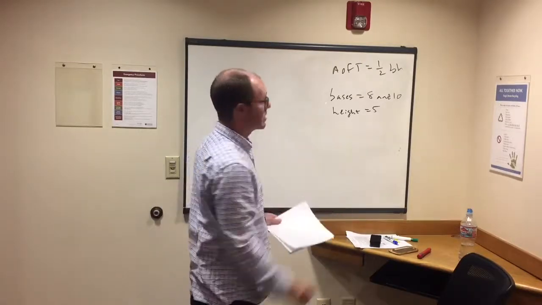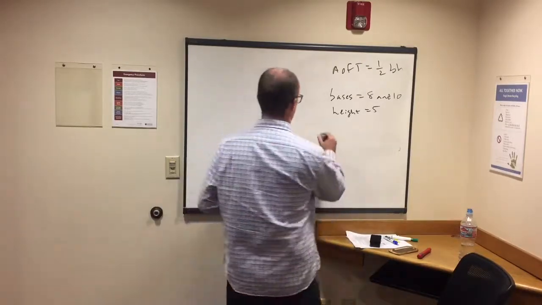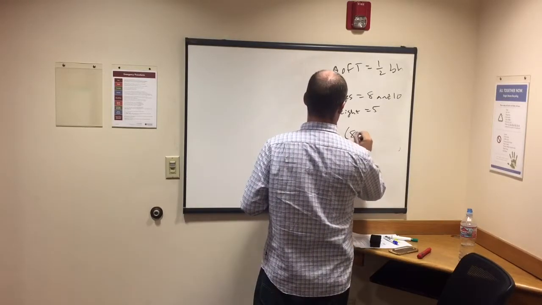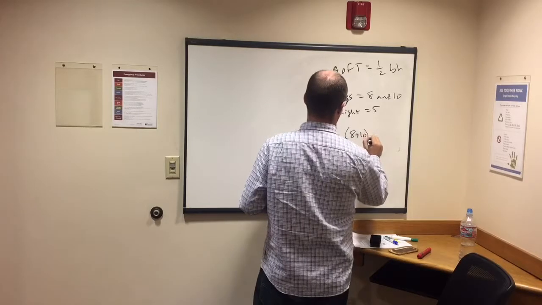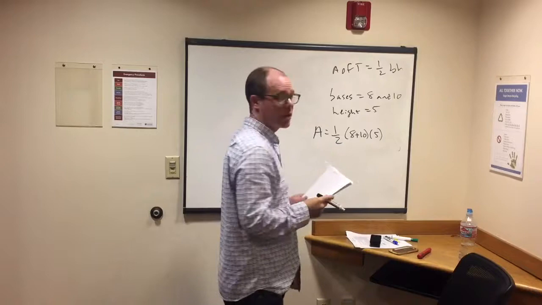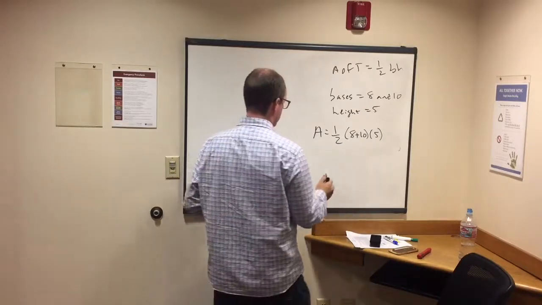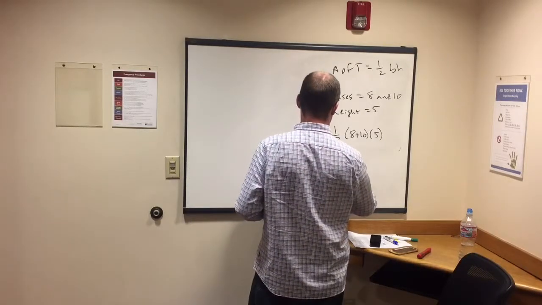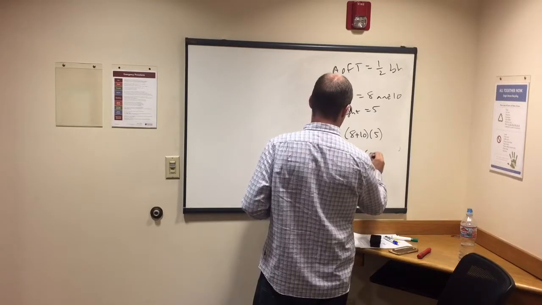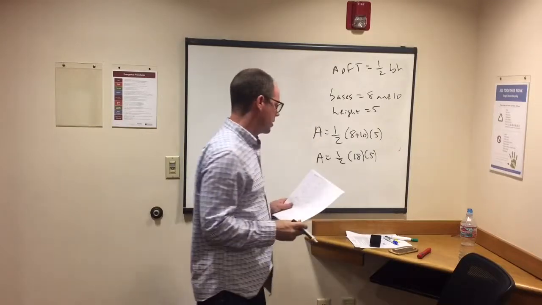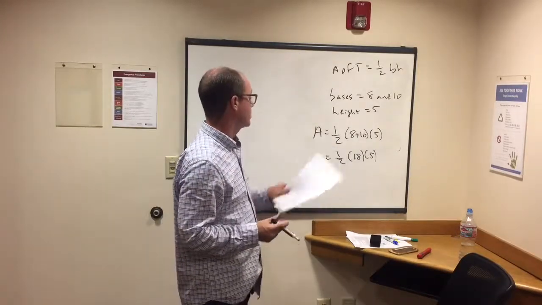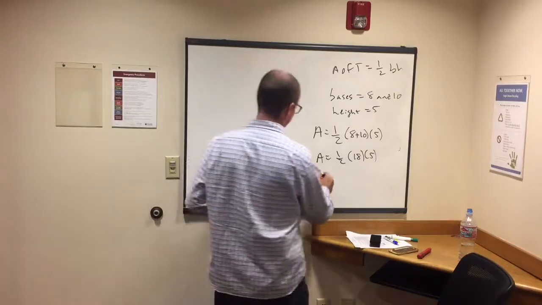So all you do is add the bases together. Area equals 1/2 times 8 plus 10 times 5, and then you go about solving it from here. 1/2, 8 plus 10 is 18, times 5. 18 times 5 is 90, and 1/2 of 90 is 45.